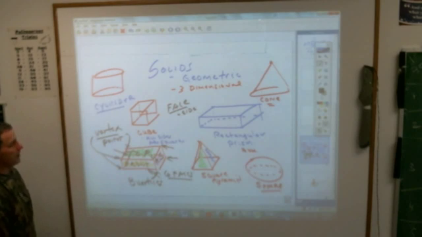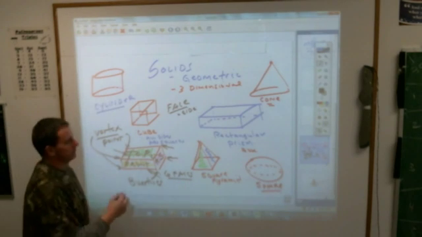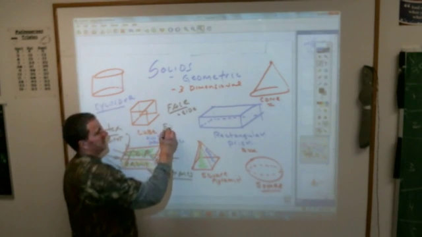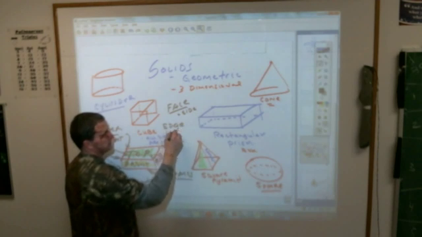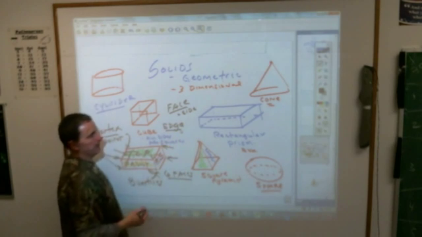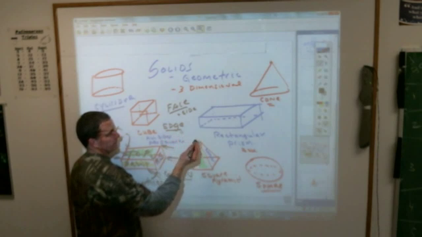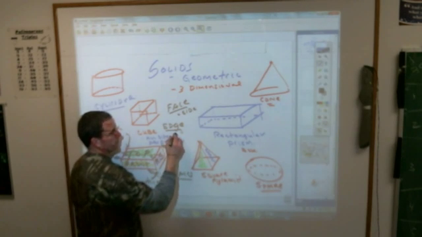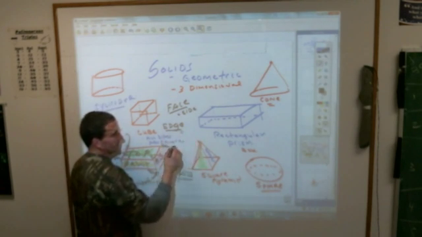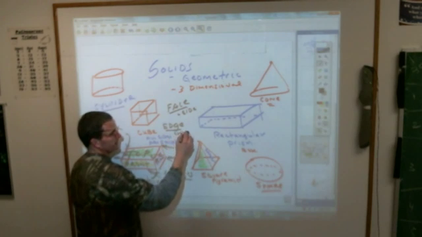And then we do talk about edges. What is an edge? Edges are the place where two faces meet. It's that line where it's kind of like the corner.